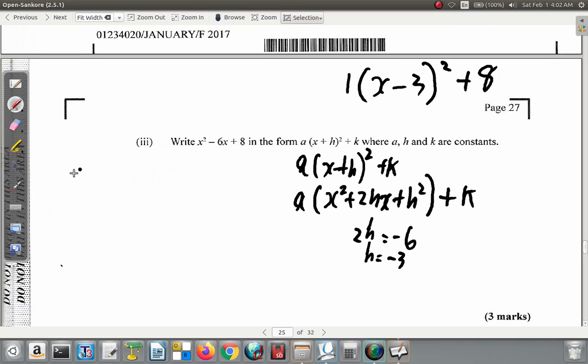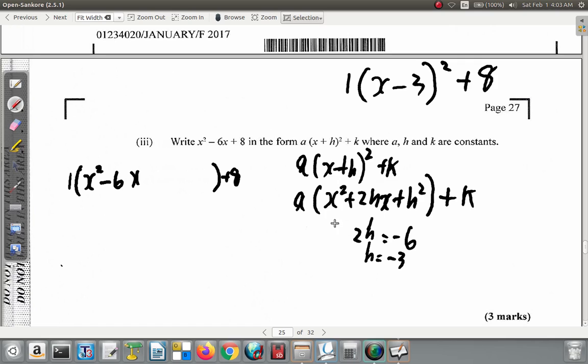First of all, we have 1, open bracket, x squared minus 6x, leave a space, open the bracket, plus 8. Then we have minus 6x.